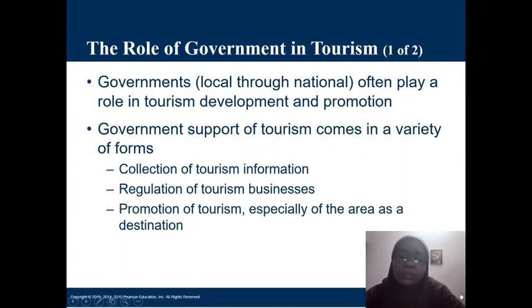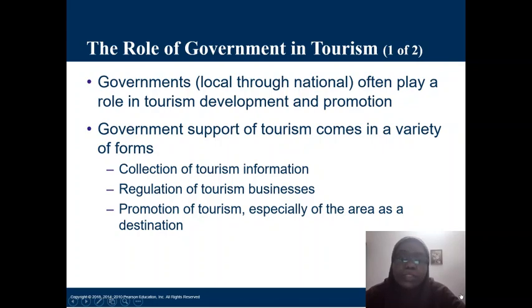Now, we are moving on to the role of government in tourism. What role does government play in tourism? Governments, either local or national, often play a role in tourism development and promotion. Government support of tourism comes in a variety of forms.